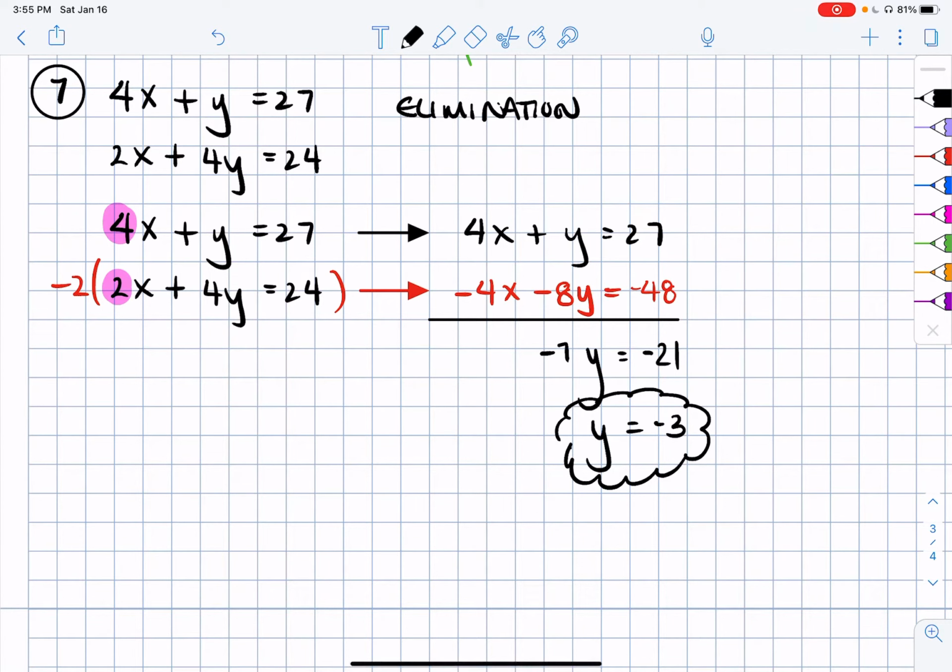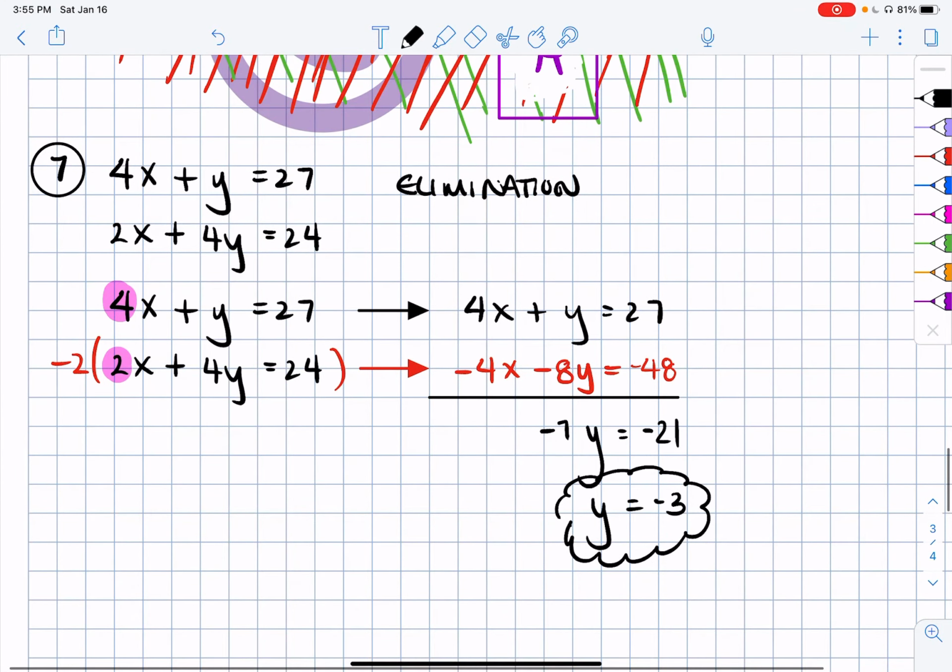With a system of linear equations, I'm looking for where they intersect, right? So I'm looking for the point where they intersect. So I have a y, that means there has to be an x. So I'm going to plug y equals negative 3 into equation 1.